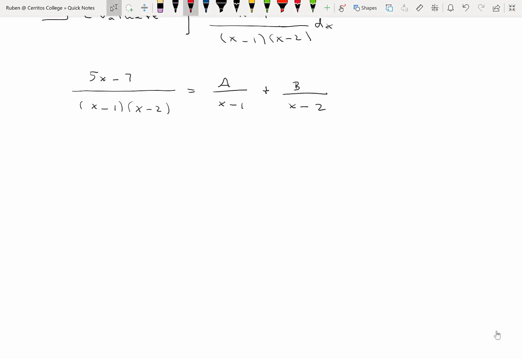And just as we did before, we multiply both sides by the least common denominator, x minus 1 times x minus 2. And then perform the algebra on each side. On the left-hand side, the denominators cancel out. That's really nice.